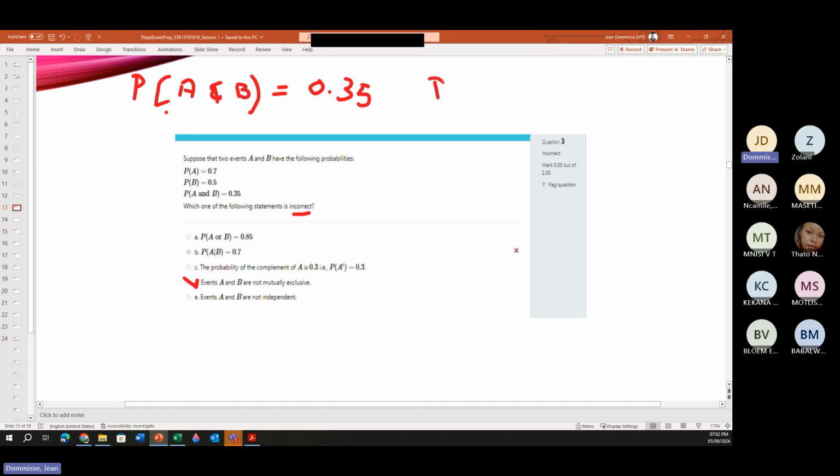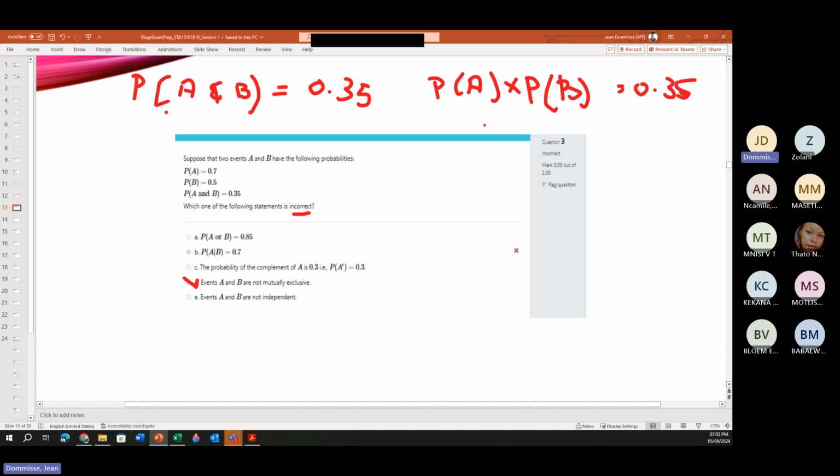The other one that I normally test as well is independence. If the probability of A times B is equal to the and, then we know it is independent.